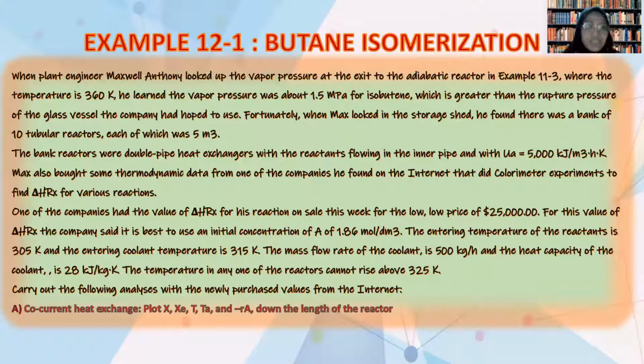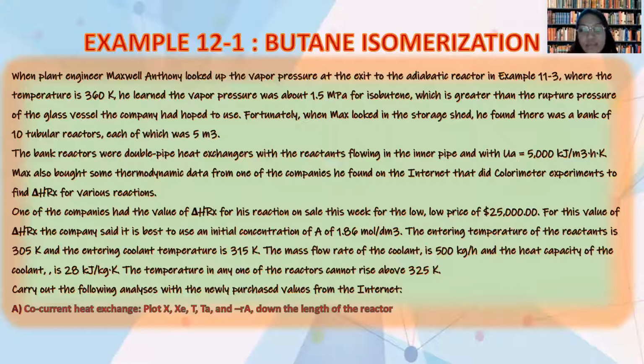One of the companies had the value of delta H reaction for his reaction on sale this week for the low price of $25,000. For this value of delta H reaction, the company said it is best to use an initial concentration of A of 1.86 mol per dm cube.